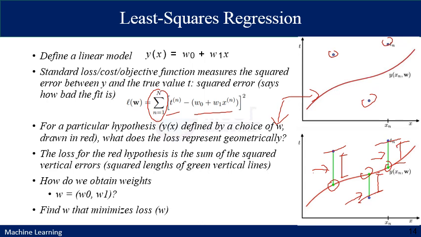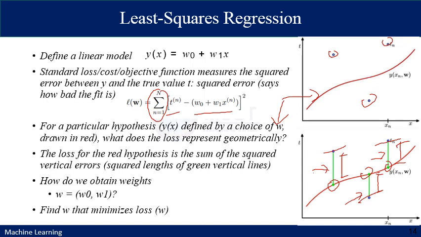So this is the simple regression model, but the problem is how to train it. If you recall, training a model means setting its parameters so that the model best fits the training set.